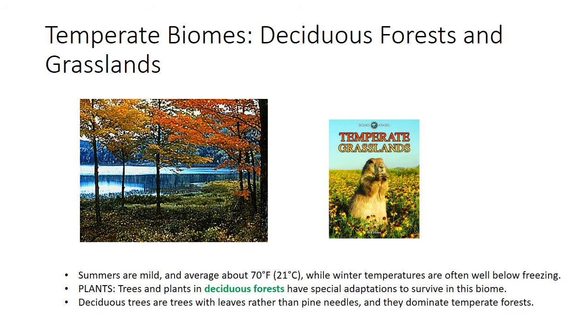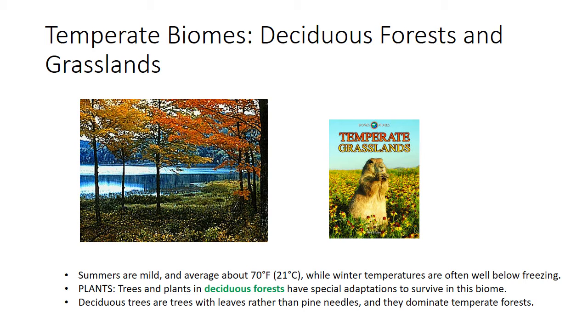Then temperate biomes, temperate deciduous forests and grasslands. That's our case, right? We are living in the deciduous forest, actually. Deciduous forest is the forest where the leaves change between the warm part of the year and the cold part of the year. They change their color and become less attached to the branches and fall down. In Latin, this falling down is decidua.